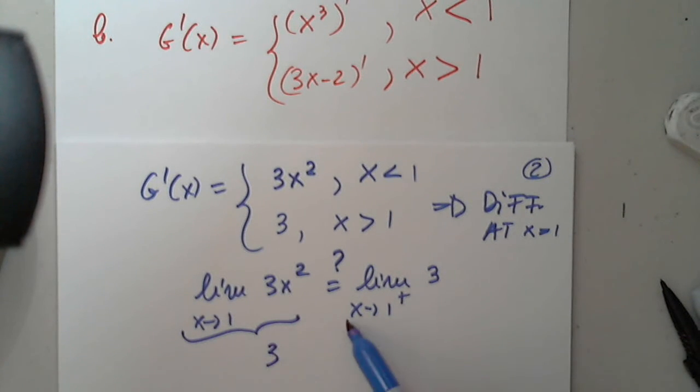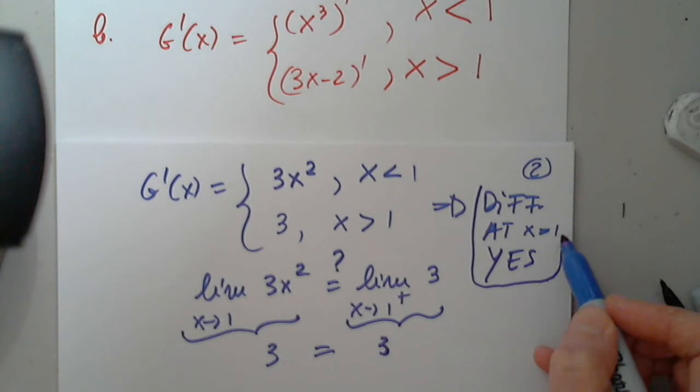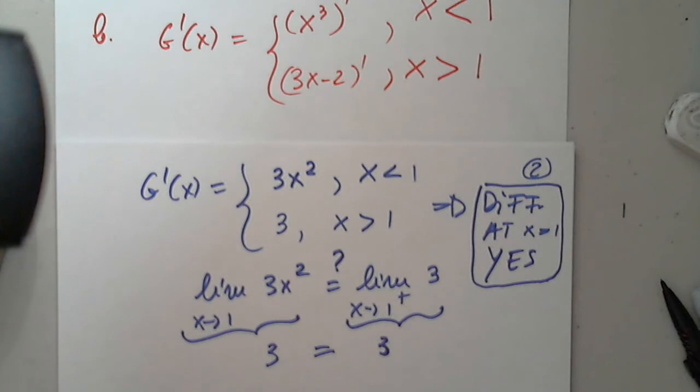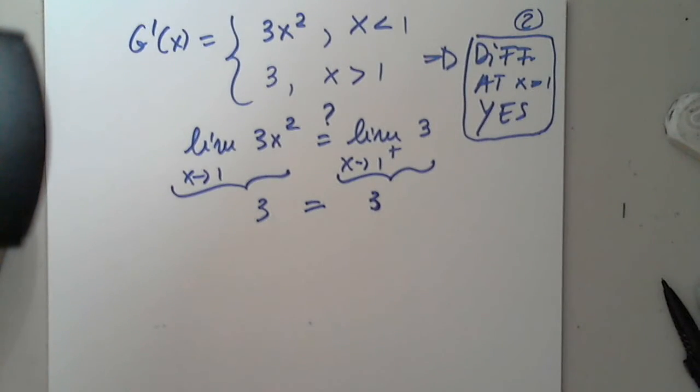Three. Excellent. What is this limit? The limit of a constant is the constant itself. So they are the same, and I will say yes, differentiable at 1. Okay. So that was a remainder from last time, and now this will be easier because we are going to look at differentiation rules, section 1.5.